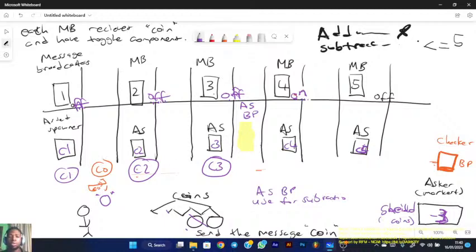So assuming the player has 3 coins, C1, C2, and C3, and they have to buy a shield worth 2 coins, so that is -2.